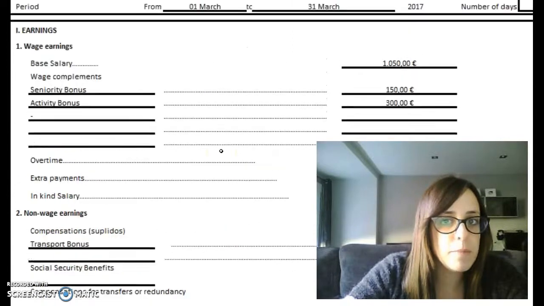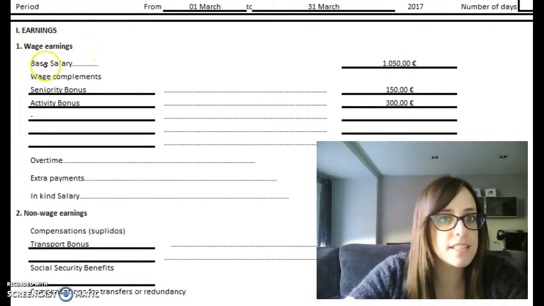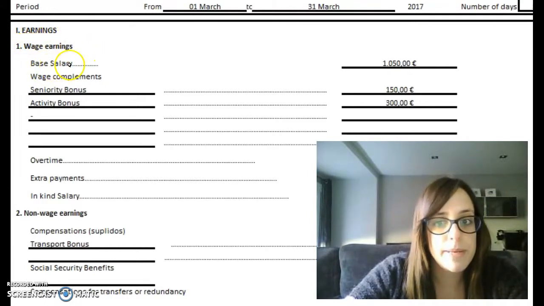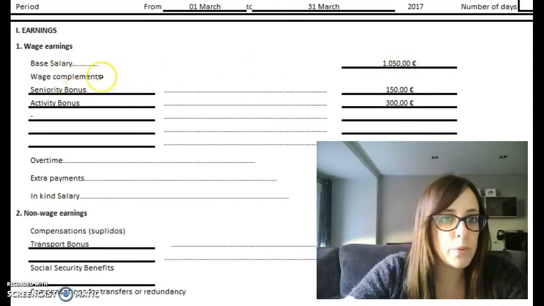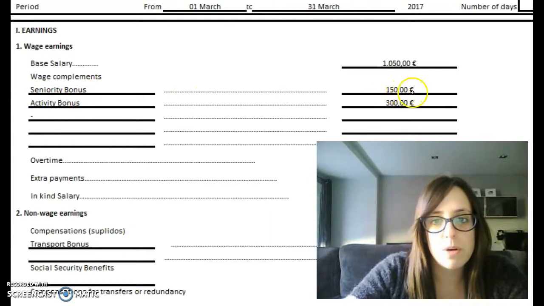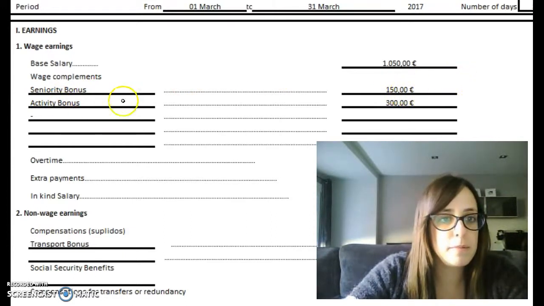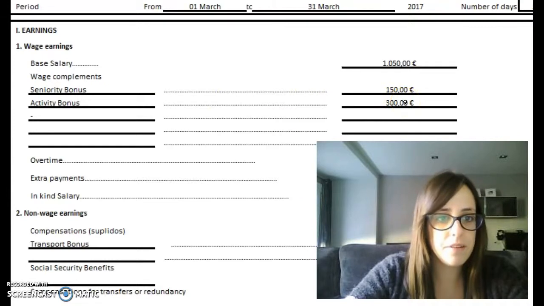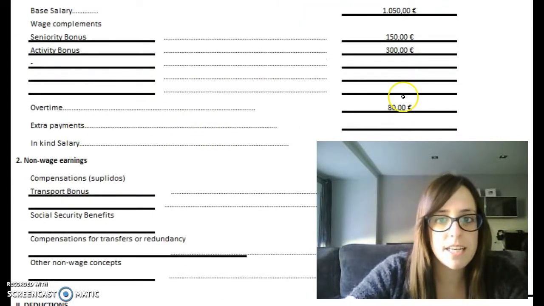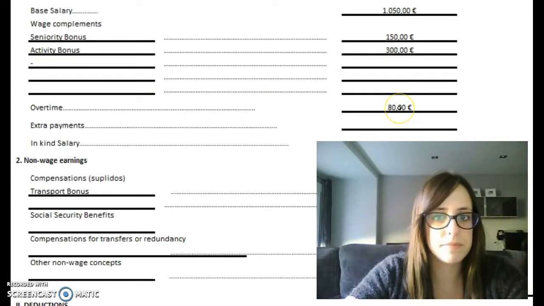The first step, we calculate the earnings. And we have the wage earnings. In this case, base salary 1050. The wage complements, we have a seniority bonus, 150, the activity bonus 300, and the overtime we have 80 euros.